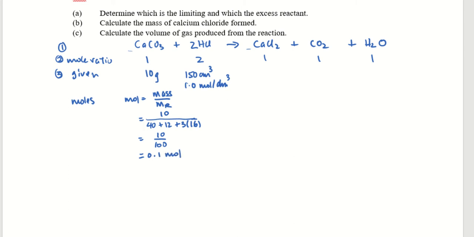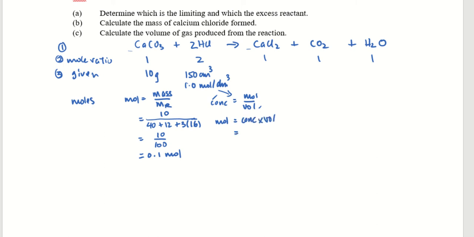Let us now do the calculation for hydrochloric acid. How many moles of hydrochloric acid is present? We know that the formula of concentration is equal to moles divided by volume. Since we know the concentration and we know the volume, we can calculate moles by multiplying concentration times volume.